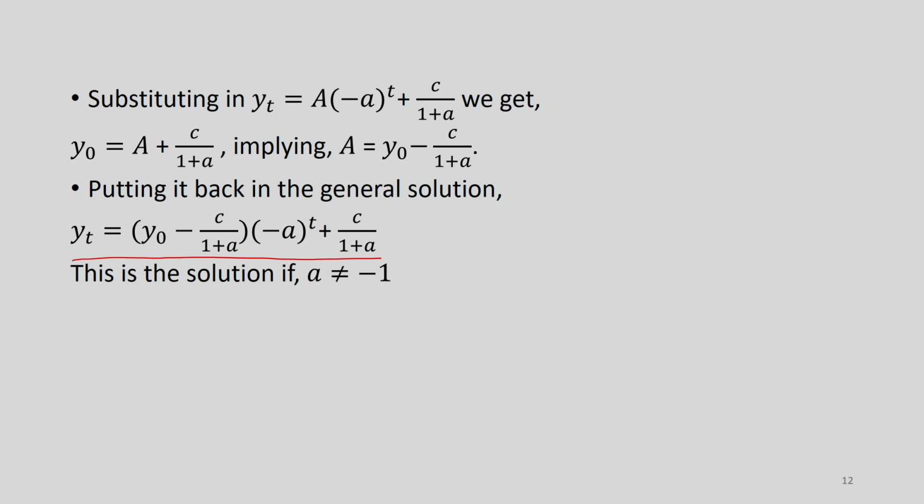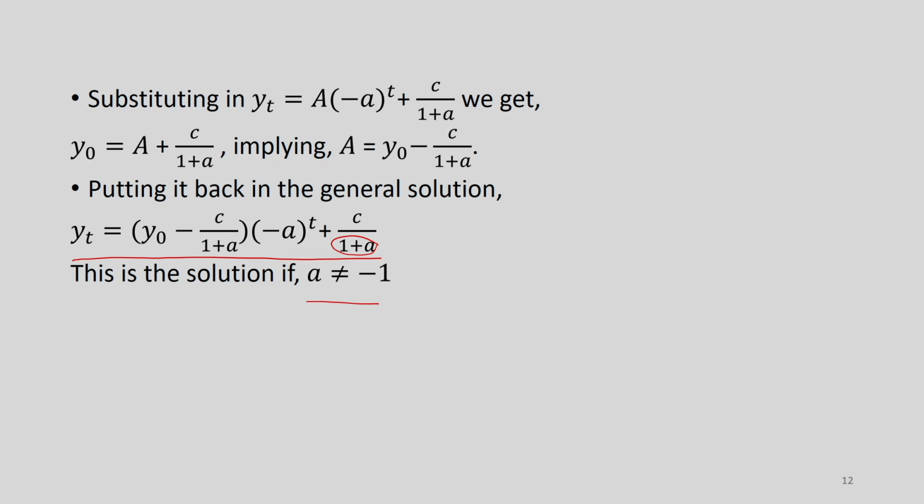However, this solution will be valid if a is not equal to minus 1, because you can see if a is equal to minus 1, then the denominator becomes 0, and that is a problematic thing.